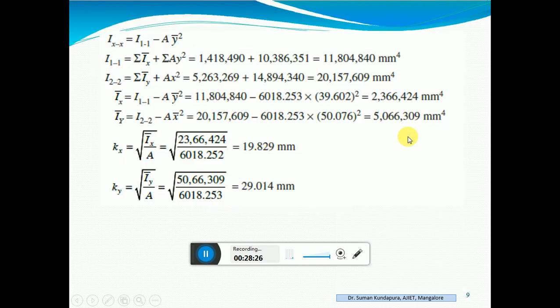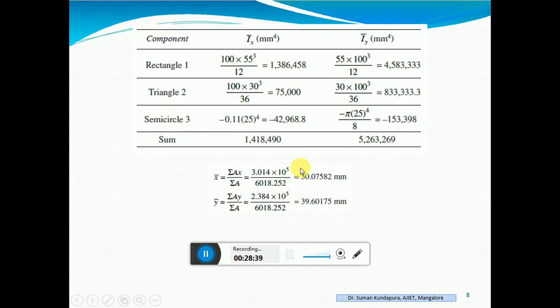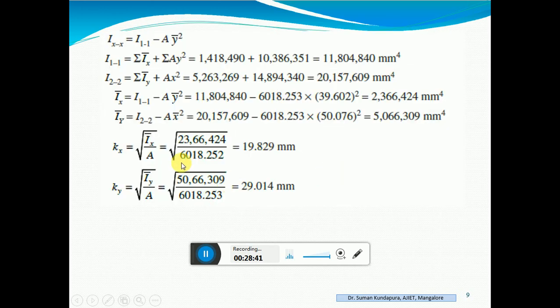So substitute the respective value here, find out what is I22, and from the parallel axis theorem we have I22 minus A x bar square. X bar is what you found out here for the figure, 50.07. 50.07, the summation of the area of all the geometrical shapes, minus, and I22 is what you found out just now. So you get Ix bar and Iy bar.